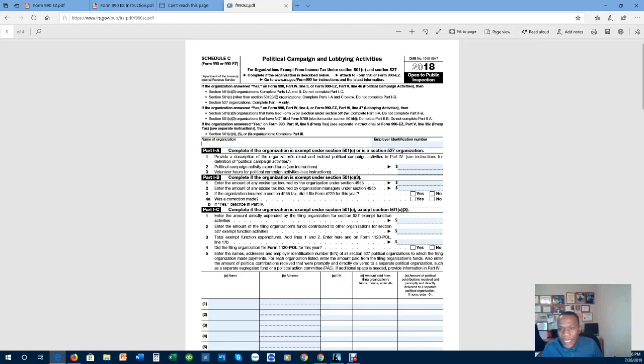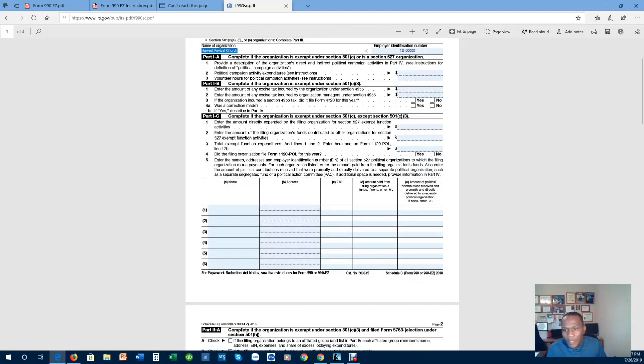You'll indicate the organization name, the employer identification number per se. Let's say Harvest Revival, of course, you have to capitalize and so forth, Harvest Revival Church, and then the EIN, of course. And so you will describe the organization's direct or indirect political campaign activities, the definition of political campaign.